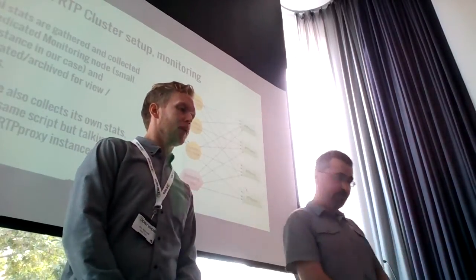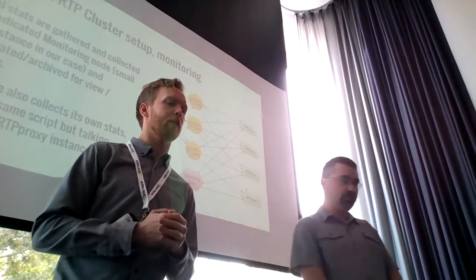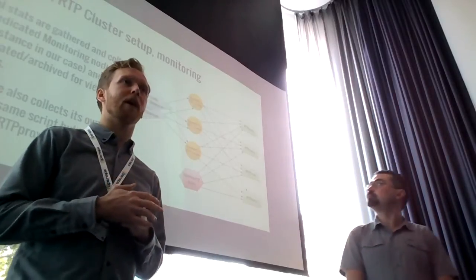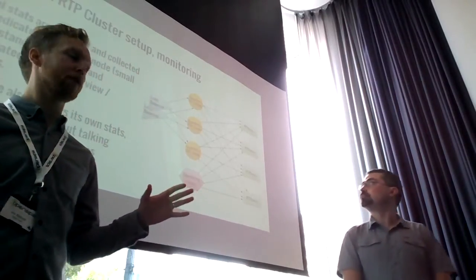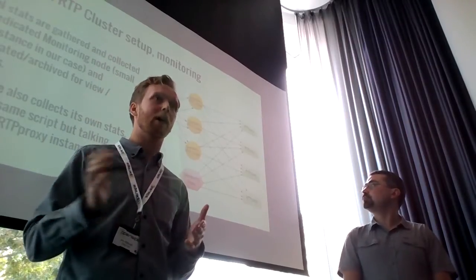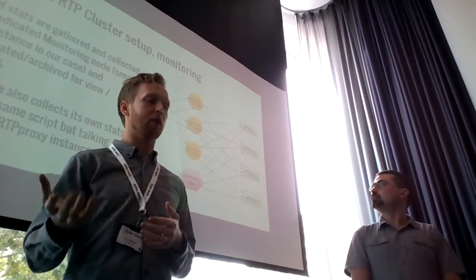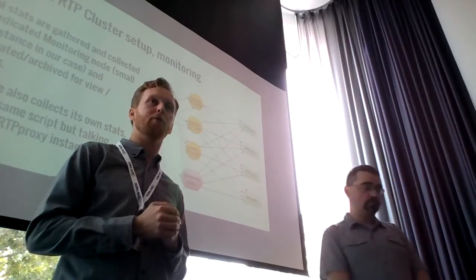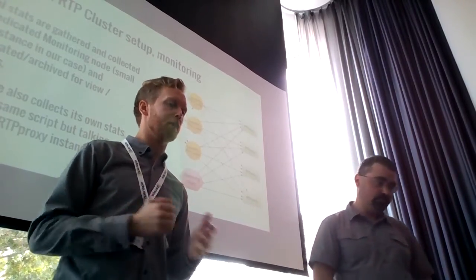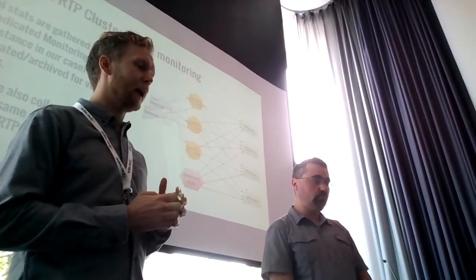We have some in-house monitoring tools that are gathering stats from the cluster. It gives aggregate stats for your entire cluster, telling you how much traffic you're running, packets per second, and so on, and also per-node status, so you can focus in on a particular node and see how it's doing. Resolution there is on a per-second basis.